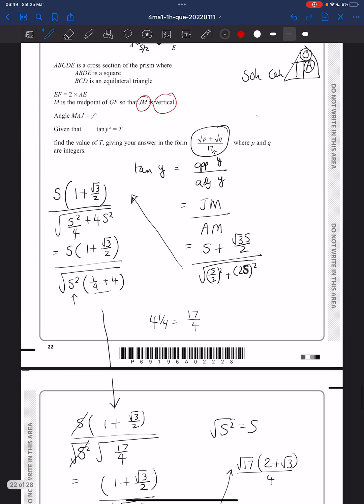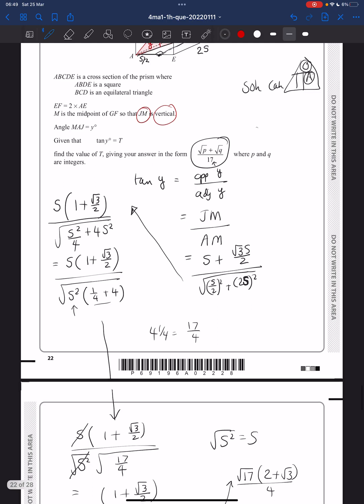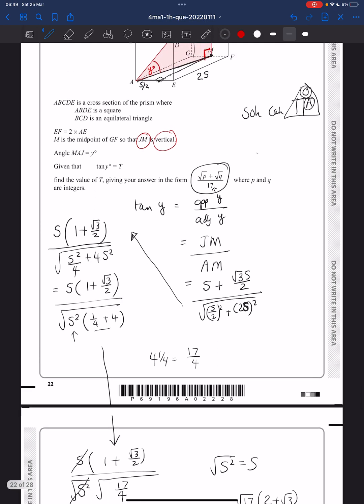I haven't quite got it in the form tan y is t.